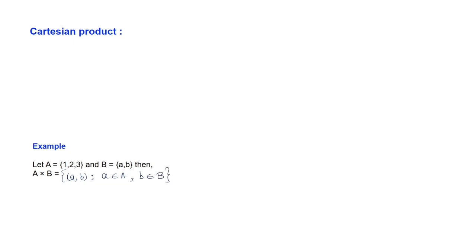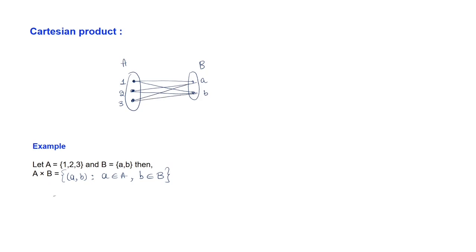So if we understand it diagrammatically, let us construct the set A as this and set B as this. A contains the elements 1, 2 and 3 and B contains the elements a and b. Now the first element of A will map to every element of B, and similarly the second element will map to every element of B, and so will the third element.